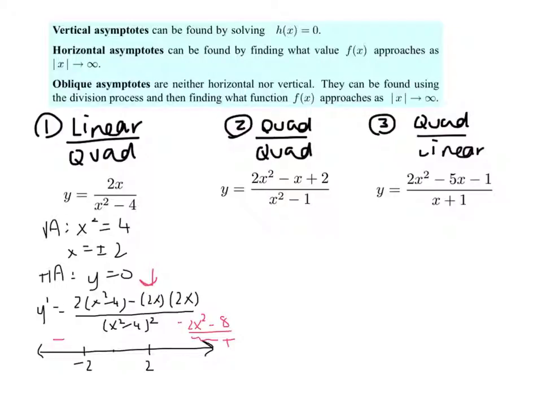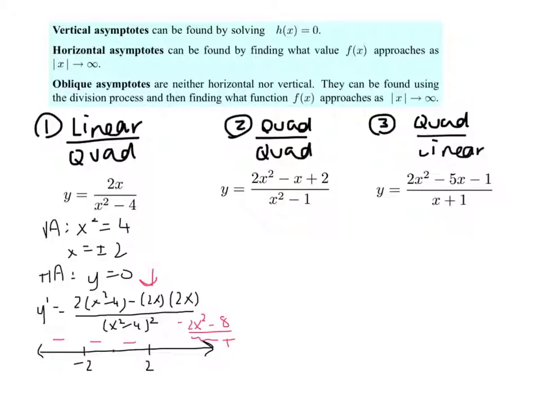And then between -2 and 0, say like -1, it's also negative, or decreasing. And then between 0 and 2, it's also decreasing.